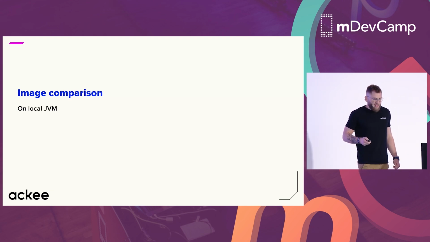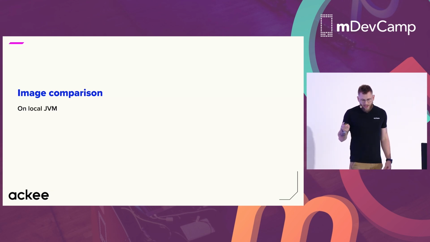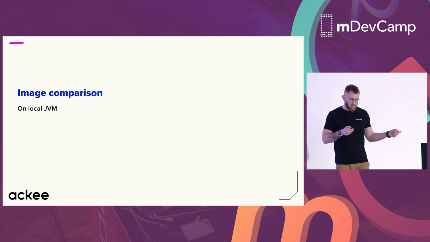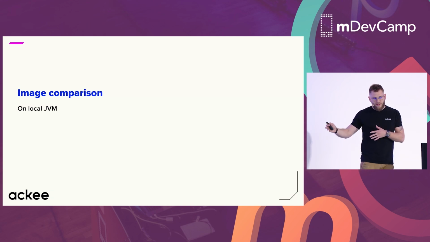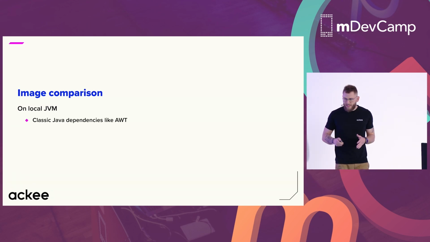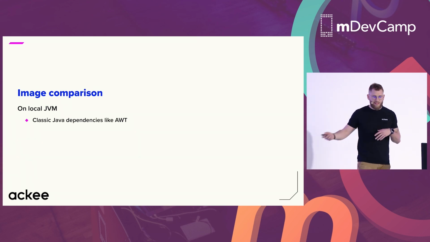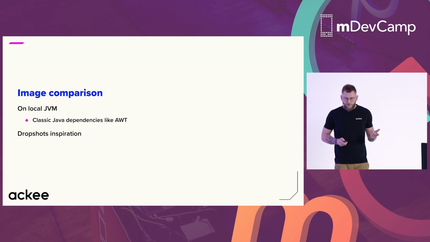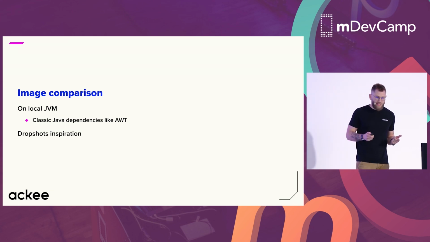For the image comparison, it's good to realize that you are running this on your local machine. It's not running on a device, but on a JVM. So it means that you can use dependencies like AWT and so on, and there are tons of them for comparing images. I've taken inspiration from Dropshots because they've also introduced their own library for this.